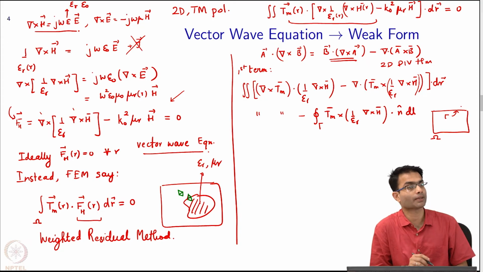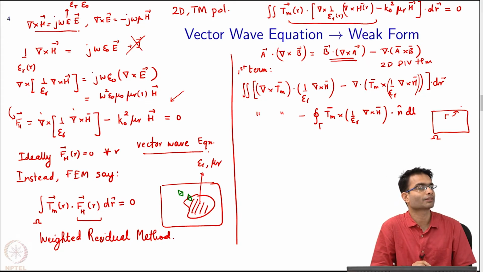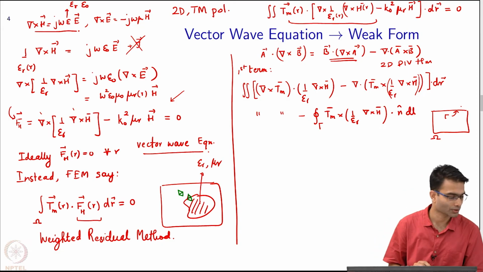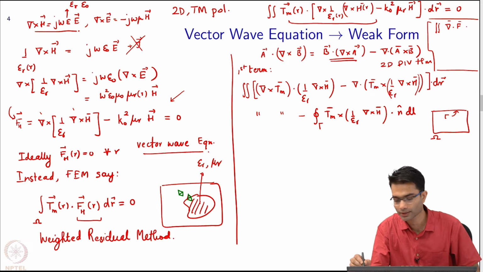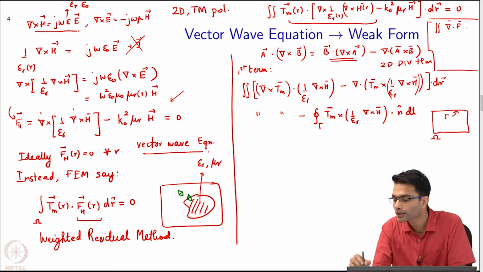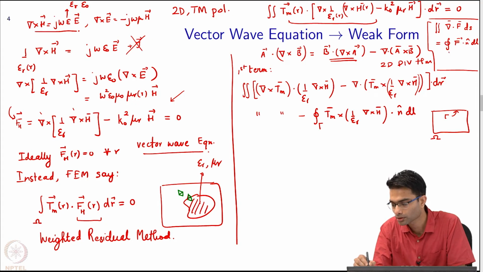So, have I now escaped the double derivative? Gone, right. The first term does not have it. The second term, by using the 2D divergence theorem, that is also gone, right. So, for those of you who are having trouble recalling this 2D divergence theorem, I will just write it over here. So, double integral of del dot f, right, that is what we are talking about, integrated over a surface, that should be equal to f dot n cap dl over c.